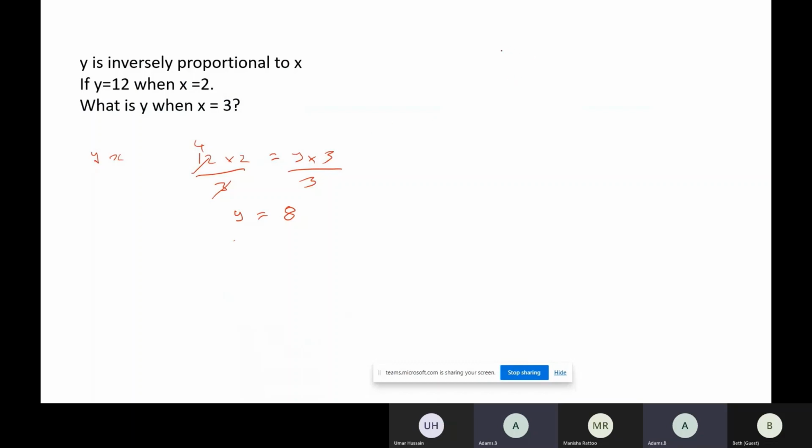And if I was to do that by the traditional method, y is proportional to 1 over x. So we let y equals k over x. We sub in our points. 12 is equal to k over 2, times by 2. We get k is 24. So then we get y is 24 over x.